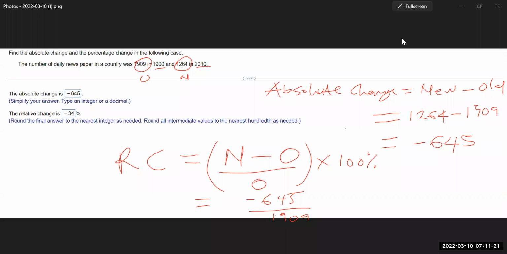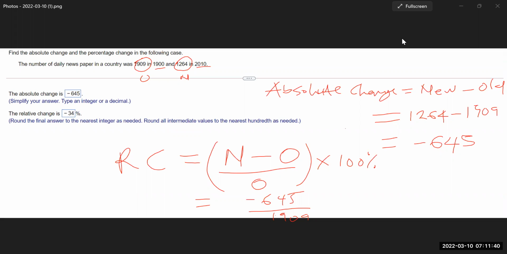So negative 645 divided by 1,909 should give you 0.3378.